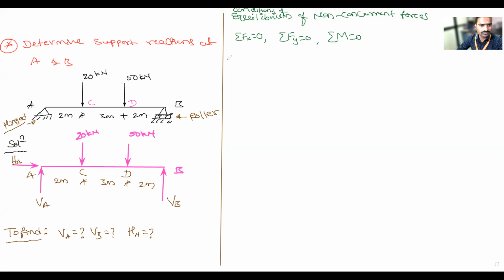So first I will apply the horizontal force, sigma fx is equal to 0. What does sigma fx is equal to 0 mean? It is the algebraic sum of all the forces along the x direction, the horizontal direction, is equal to 0. In this beam, what are the forces acting in the horizontal direction?